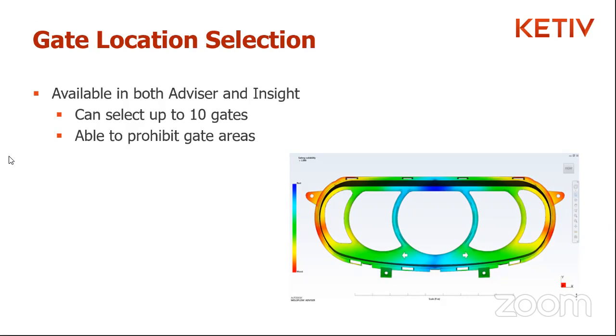I want that entire region to be gate free and to move the injection location elsewhere. So you've got the ability to do all of that, and this will help you visualize how the entire mold is going to get filled depending on the injection locations selected. Whether that's one injection location, two, three, four, whatever, it'll take that into account and show you how that's going to fill and pack.